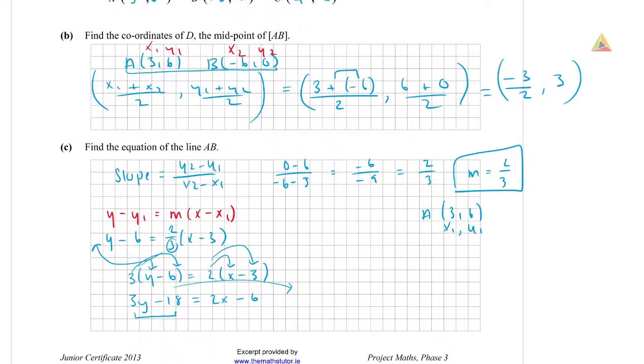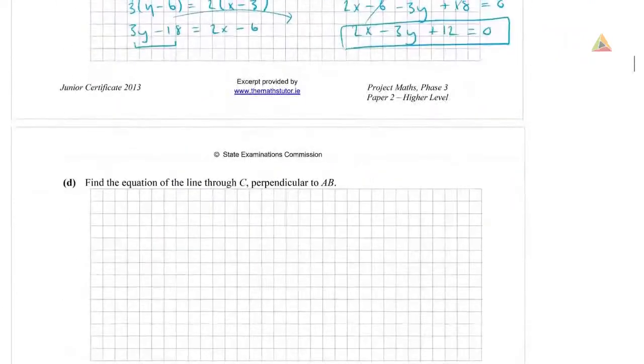So it's going to be 2x minus 6 minus 3y plus 18 equals 0. So then it's going to be 2x minus 3y minus 6 plus 18 is 12 equals 0. So that's it, done. Okay, on to the next part.